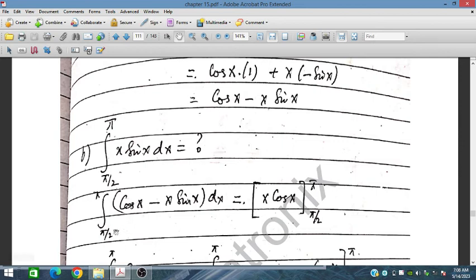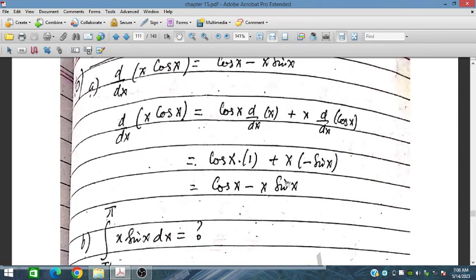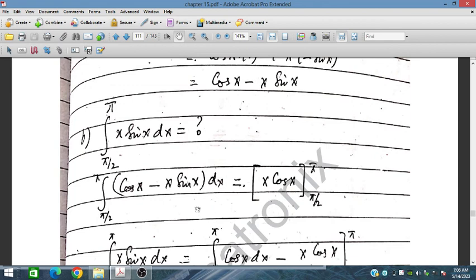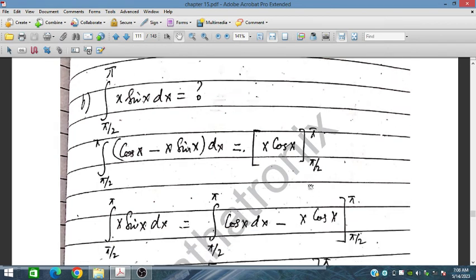So on placing the limit minus pi by 2 to pi, this is cos x minus x sin x. This is the integral value. So this is x cos x. This is equivalent to x cos x. So x cos x is this one.